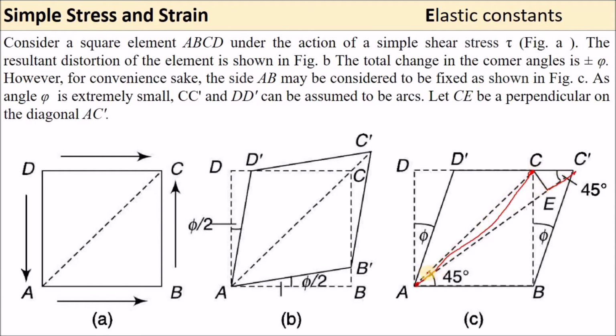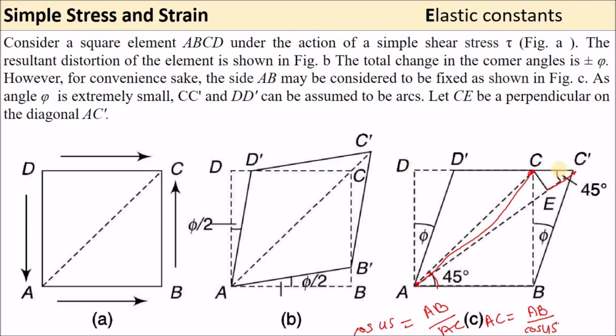Here is this 45 degree angle, so cos 45 equals AB divided by AC. So AC equals AB divided by cos 45. Clear?